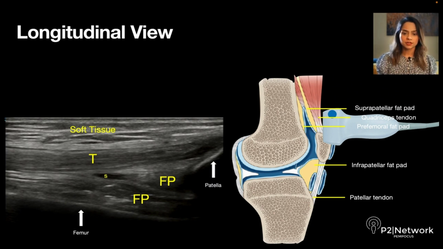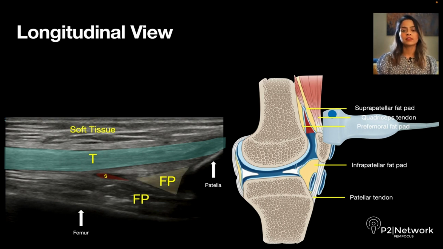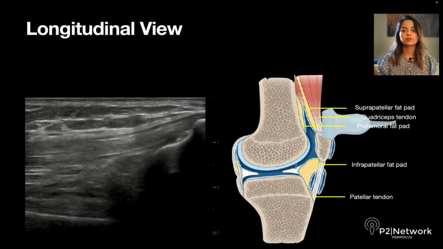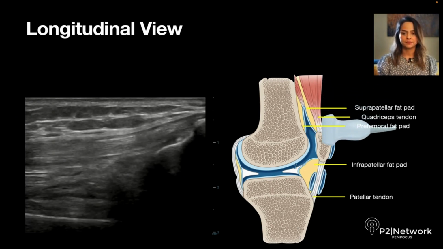The quadriceps tendon appears slightly hypoechoic deep to the subcutaneous tissue, with its longitudinal fibers attaching to the patella distally. The anterior suprapatellar recess is identified deep to the quadriceps tendon, between the suprapatellar and the prefemoral fat pads. The transducer is fanned from medial to lateral to visualize for any fluid collection.